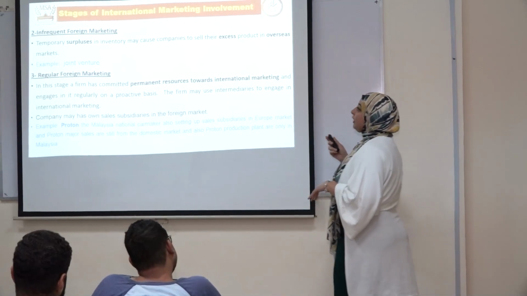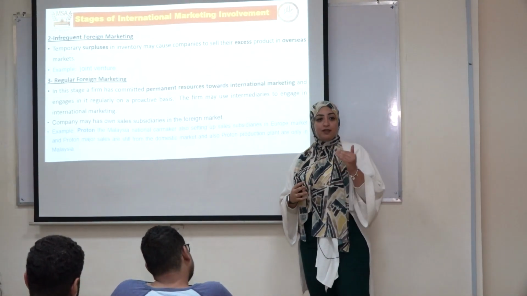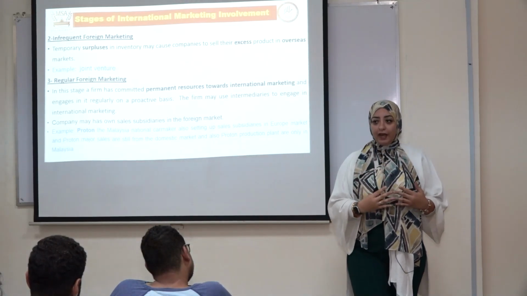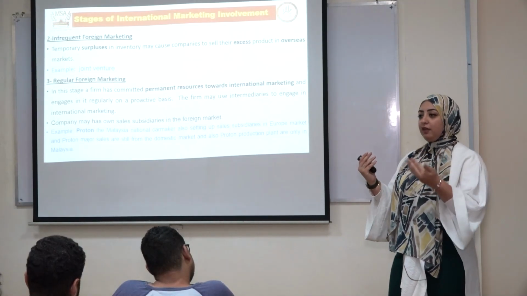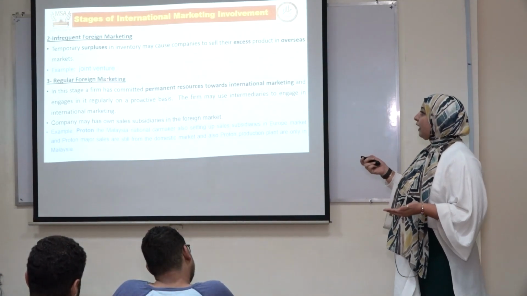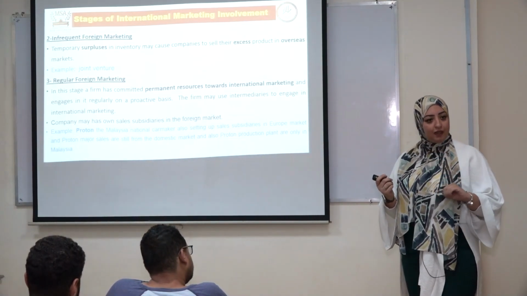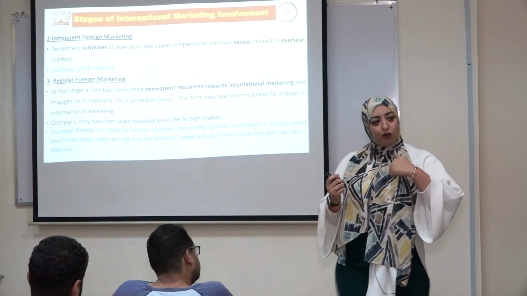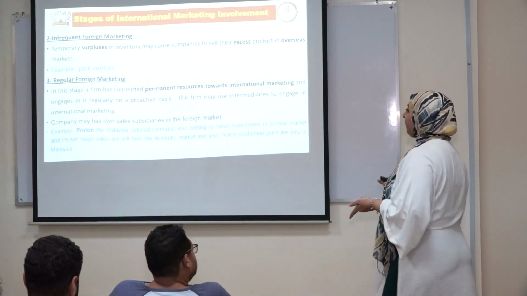Okay? The second one is infrequent foreign marketing, which means the temporary surpluses that we have on hand. We may want to sell them across political boundaries, which means we can go in a joint venture, or in a partnership with another domestic buyer. For us, it's international. For the other country, it's a domestic kind of buyer.